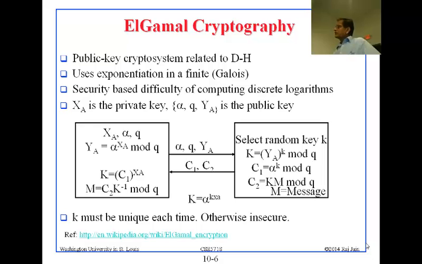It sends out C1 and C2. M is the message that it wants to send. When A gets C1 and C2, it can calculate K, just like Diffie-Hellman, and then it can calculate M, the message itself.